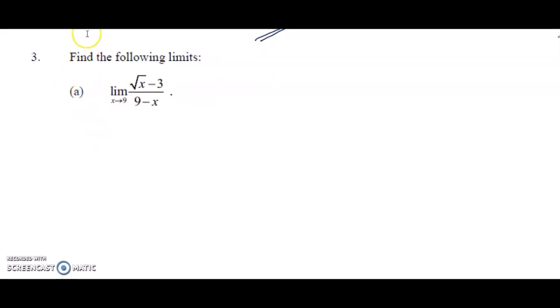Alright, for this question, again, I'm going to apply the substitution first. Substitute the 9 here, you get 0 on top and 0 below. So again, I'm not going to apply substitution first. Alright, we will actually find the conjugate for this numerator. I have my root x plus 3.